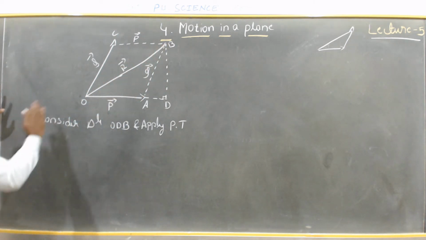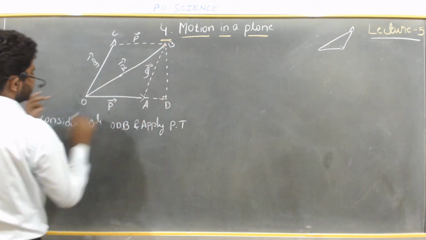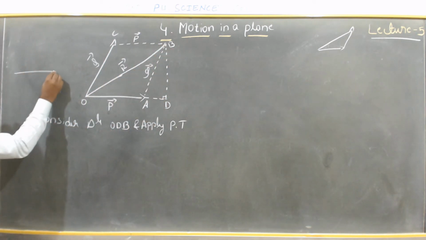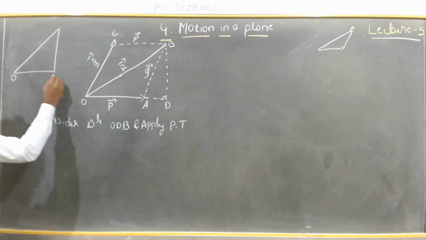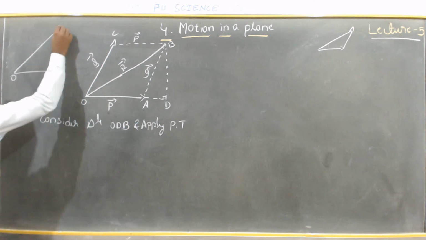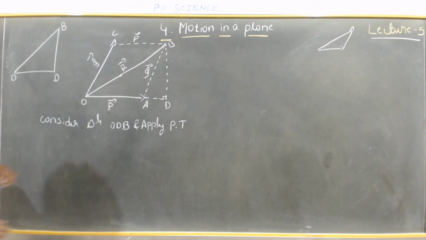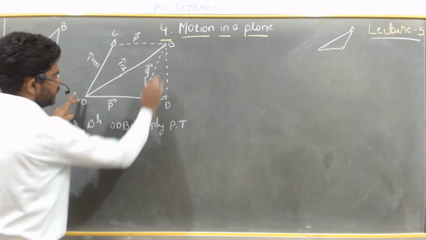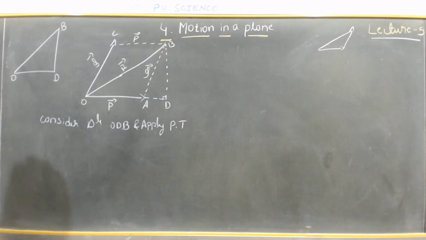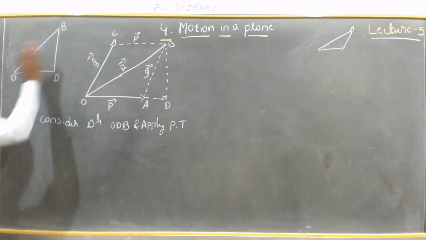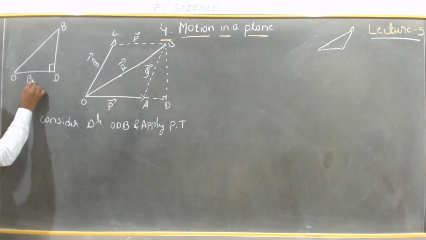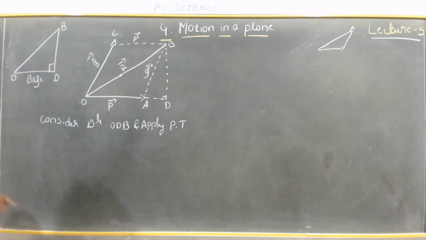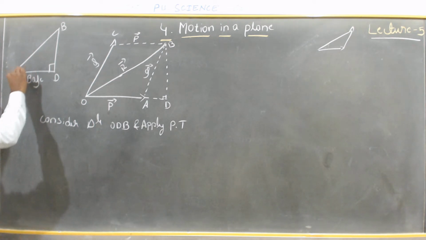See, once again I will draw the structure. This one, OBD. I am taking ODB separately. Just consider only this. In the triangle ODB, this side is the base, or you may also call it the adjacent, and this is the angle.